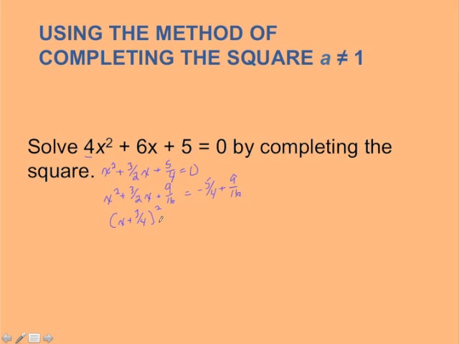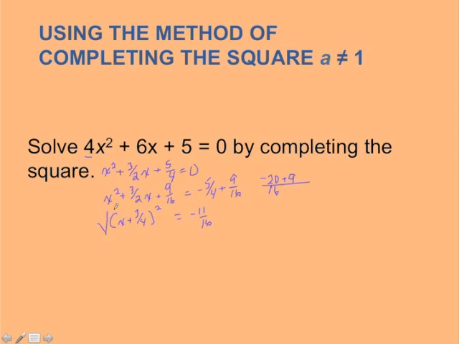I've already factored the left-hand side, so I need to combine like terms here. Common denominator is 16. I'll take 4 times 4 to get 16, so 4 times 5 is -20, plus my 9, so I have -11/16.